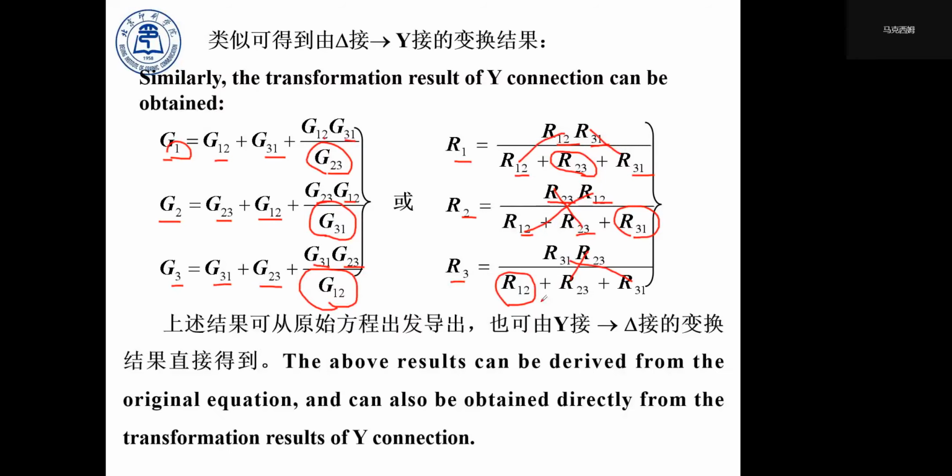This result could be deduced from the original set of equations, and we could also reach this conclusion from the delta connection to Y connection transformation. Either way you choose, all the other tricks in our following examples are based on this transformation.